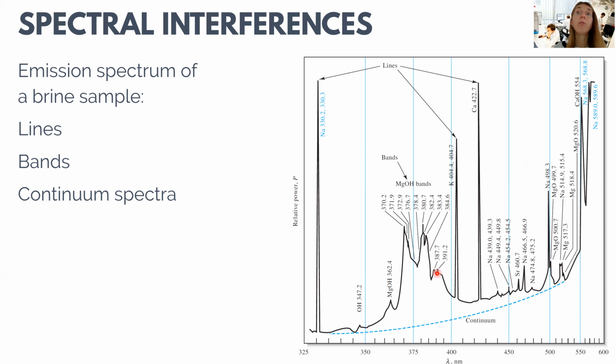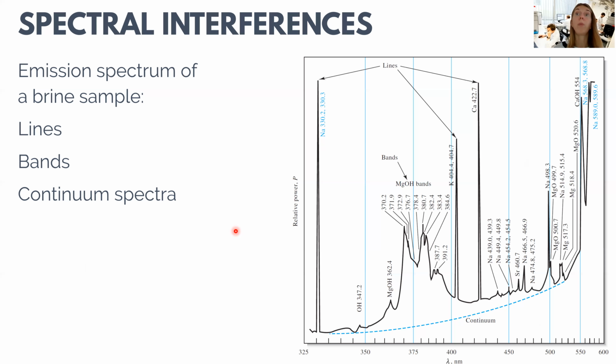And of course, if we would be interested in measuring any element in this region, this broad band would interfere with our measurements. Additionally, we also see a continuum spectrum, which is shown here with this increasing baseline with a dashed light blue line, which actually shows us the emitted light that comes from our atomization source.